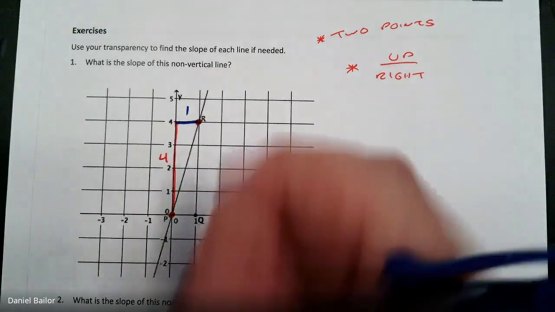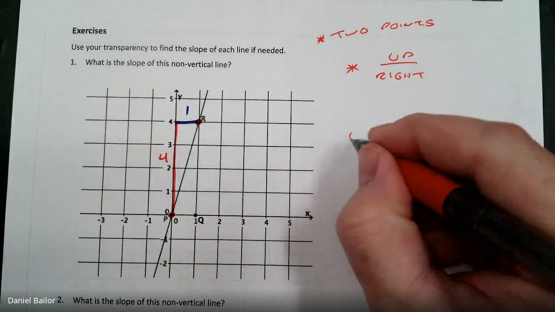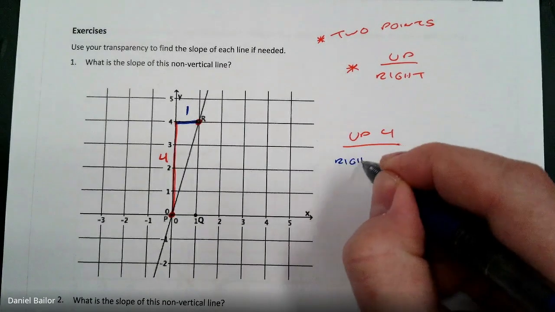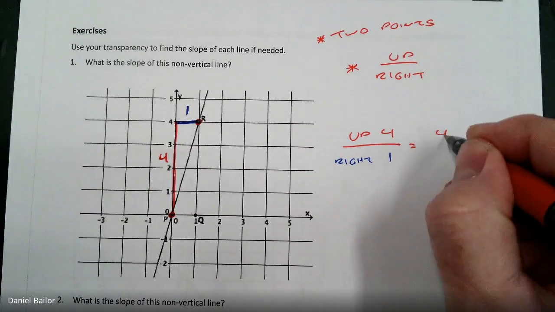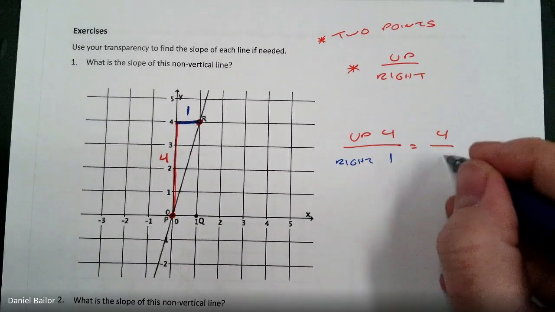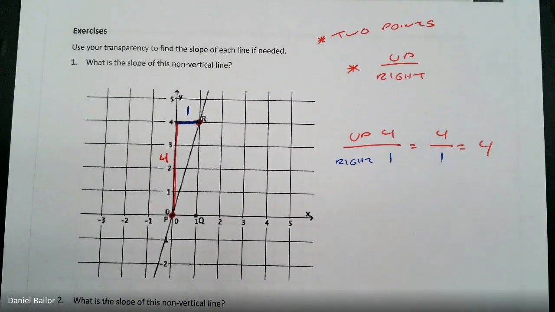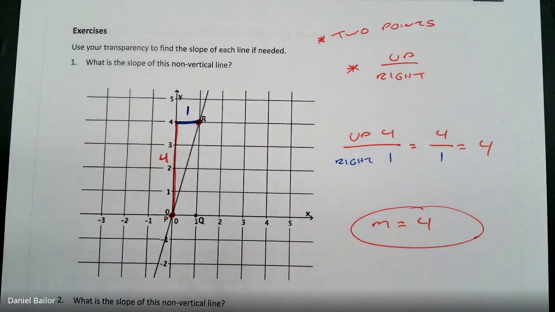So we went up 4 and right 1, which turns into 4 divided by 1, which means the slope is 4. So m equals 4 is our answer.